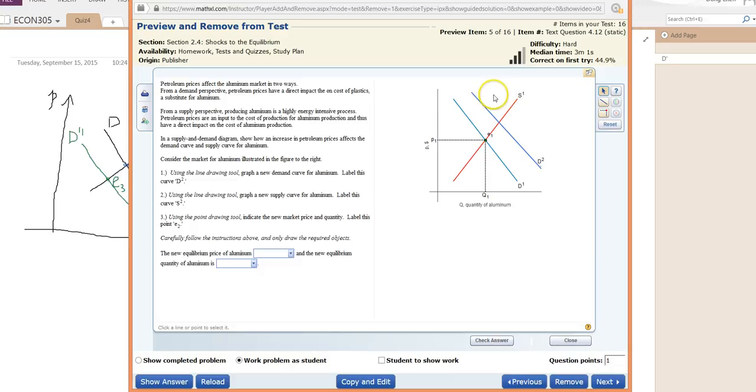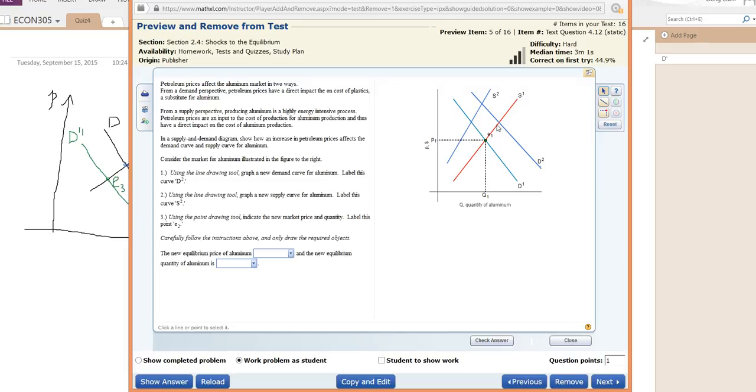So the supply should have a negative impact based on the setup. Let me draw it, shifting the supply to the left. Suppose it's like this. Okay, so this is a new supply.